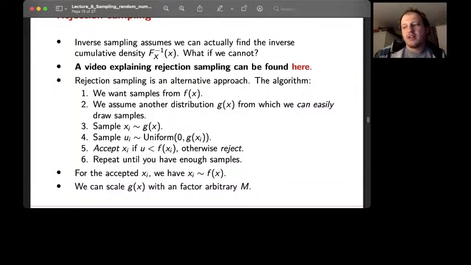So generally this type of question will be more like just to check your understanding of how the process works. So for inverse sampling, the main point is that you're using this transformation of a distribution. That's the main thing that you need to be able to explain, and then how do you derive the inverse. So for rejection sampling, you want to basically explain this algorithm, how it works.